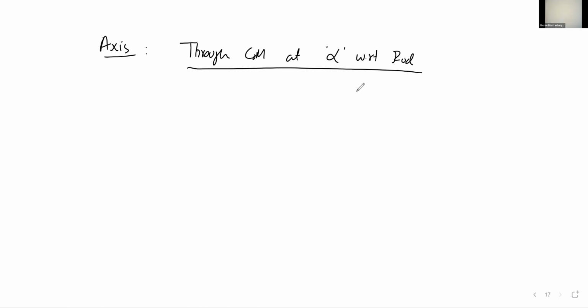The axis is through the center of mass, but at some angle alpha with respect to the rod. Only when alpha is pi by 2 is it a perpendicular bisector. So let's imagine that situation.